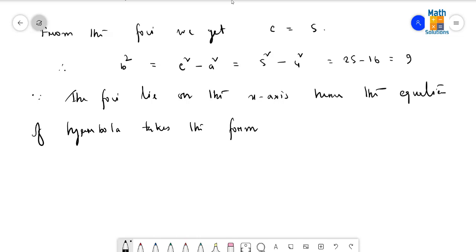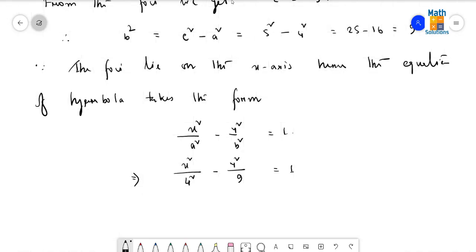Since it is lying on the x-axis, therefore x square by a square minus y square by b square is equal to 1. So let's put the values directly now. X square by a square is what? 4 square, and y square by b square is already 9, we had derived it. So after this, what shall we get? X square by 16 minus y square by 9 is equal to 1. So in such type of questions, when length of transverse axis will be given, this is the way to find out the equation of hyperbola.